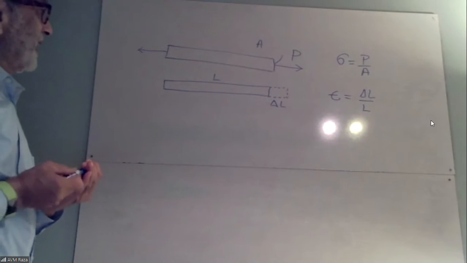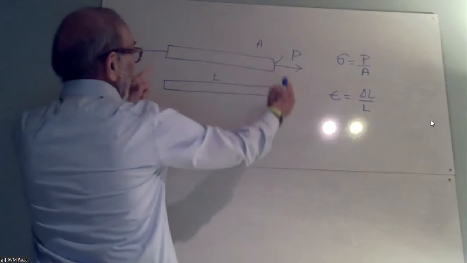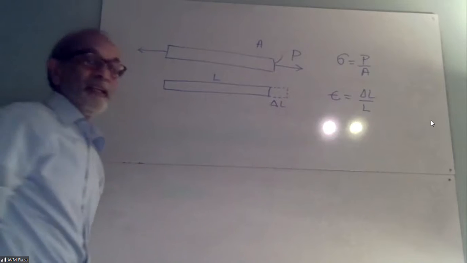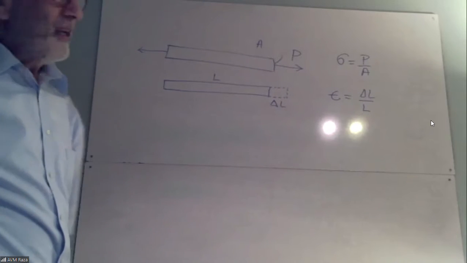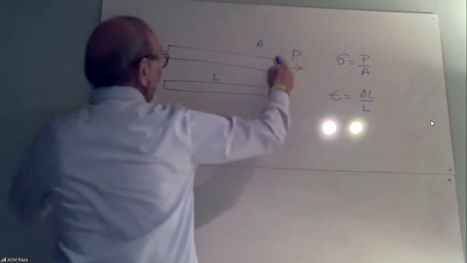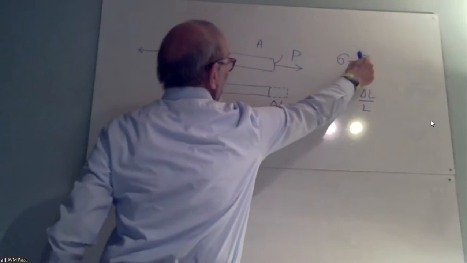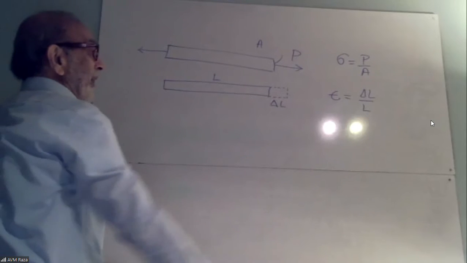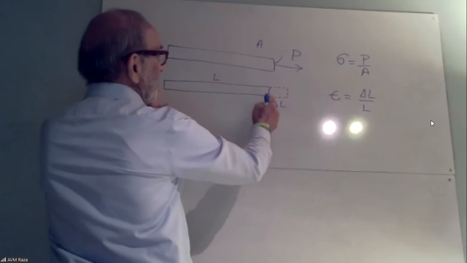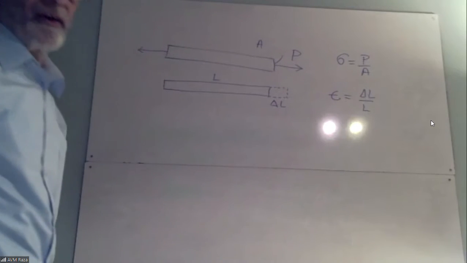Now, what I'm saying here is that, look, when I apply a stress, I end up with a certain strain. What happens if I increase the load? If I increase the load, stress increases because load is in the numerator. And what happens to strain? Strain also increases. More elongation there.